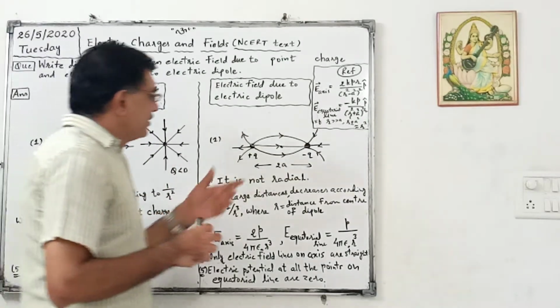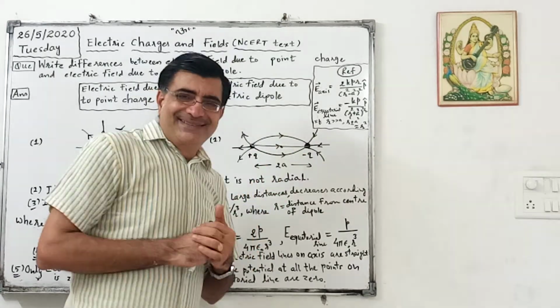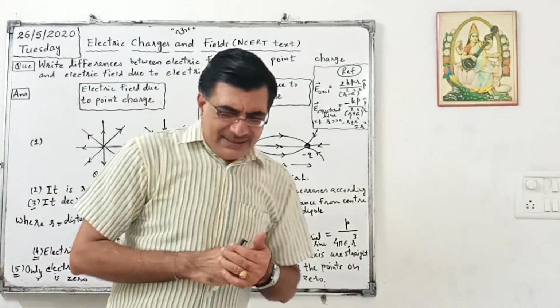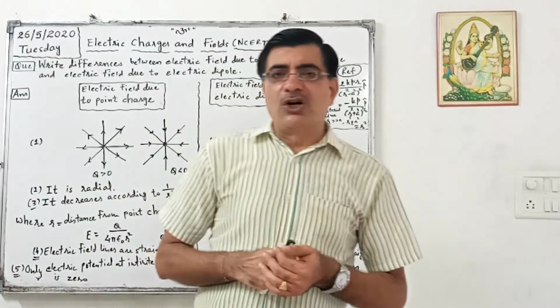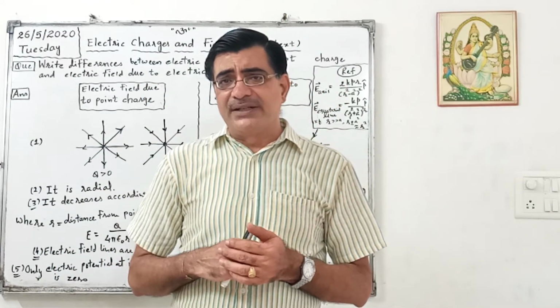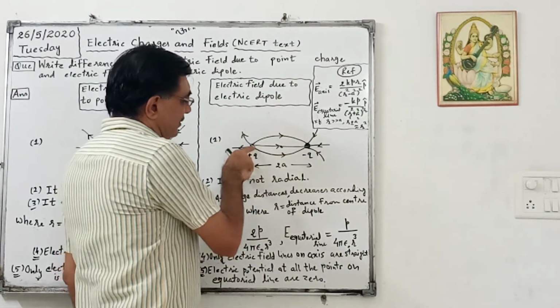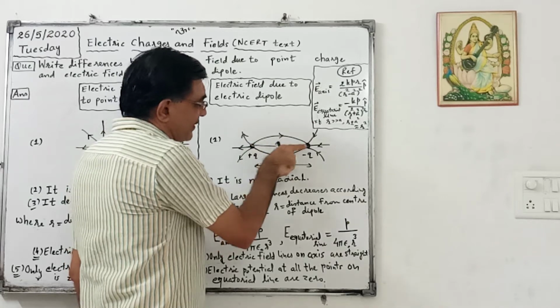Now these are the field lines of electric dipole. Electric dipole means a system consisting of two equal and opposite charges placed at a finite distance. So field lines will go from plus q to minus q.